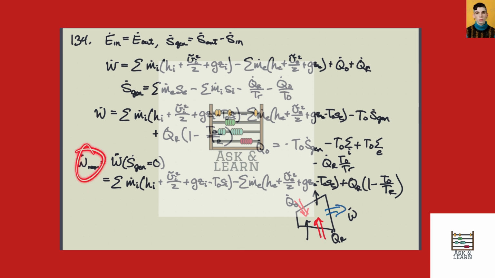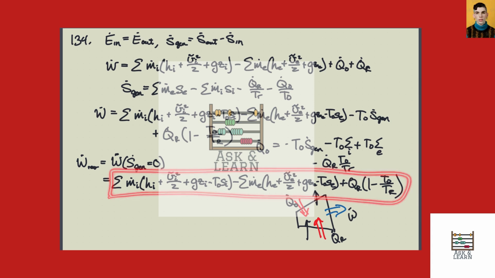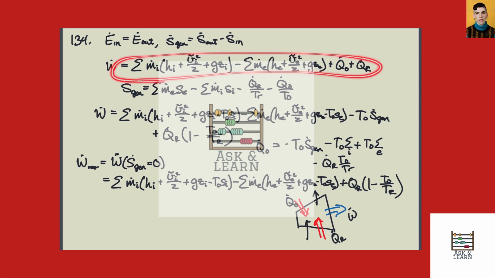Anyway, we can then say that the rate of reversible work that's done is this work when the rate of entropy generation is 0. And so again, we get this lengthy expression here. So we can see the difference between here and here, if we wanted to figure out an efficiency, a second law efficiency, we get a lot of the same terms, but really we have this term here, the entropy generation.